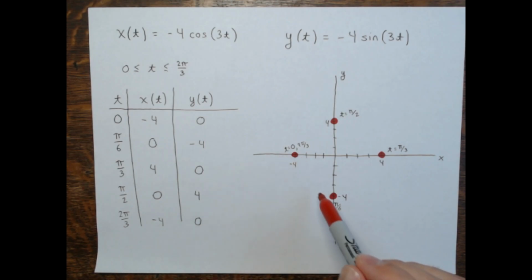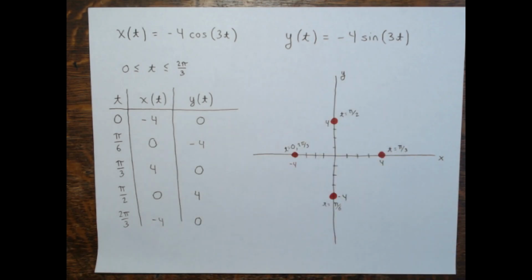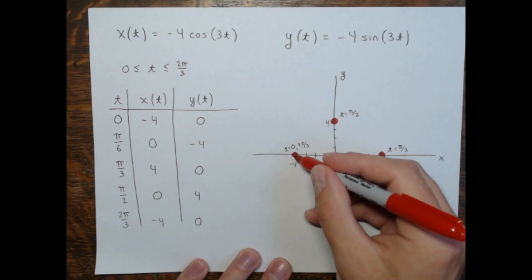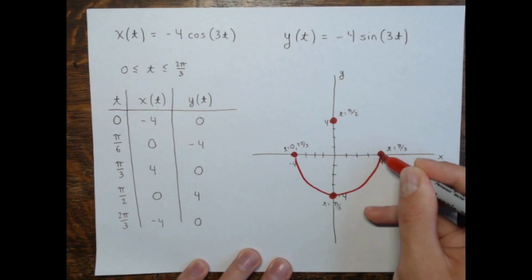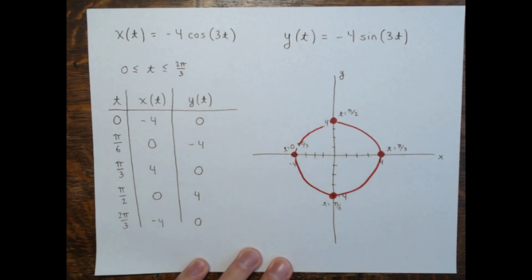So when you're connecting points, if your equations are involving the trig functions, chances are you're not connecting points with straight lines. This is more than likely going to be a circle. So I'm going to draw that. So we started here at negative 4, 0, and then draw a little circle where we go around in this counterclockwise fashion.